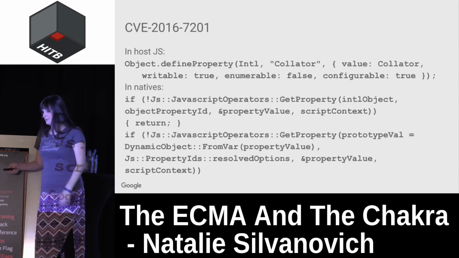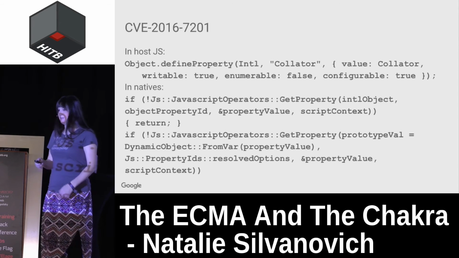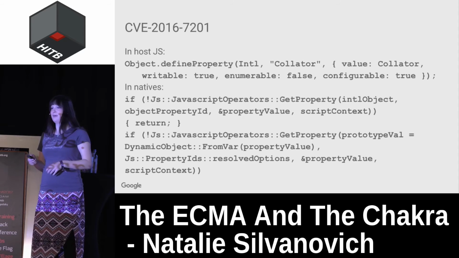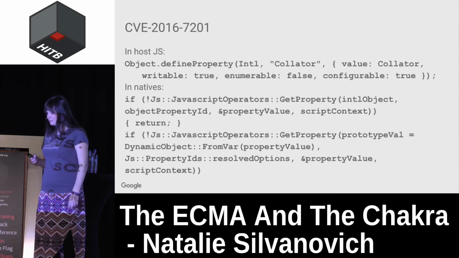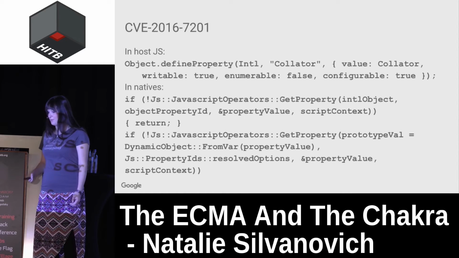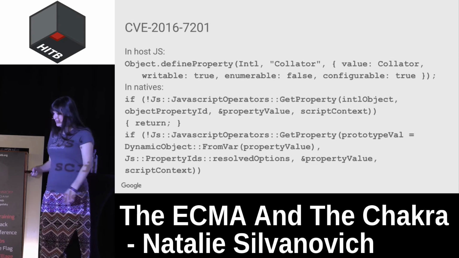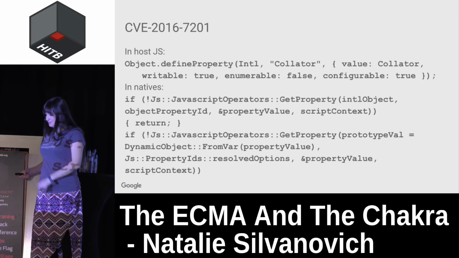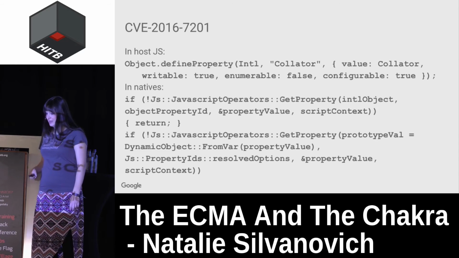If you've ever used internationalization, it's a way you can compare strings in different languages, in different typesets, and make sure they're compared correctly. So this is like regex, or map, or function. It's supposed to be something that is defined by the script engine unless you change it. And then in script, it gets a property from it and does all this stuff to it without type checking.